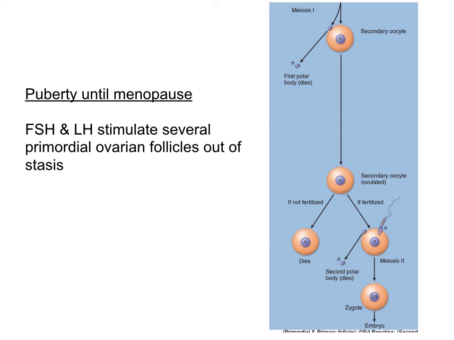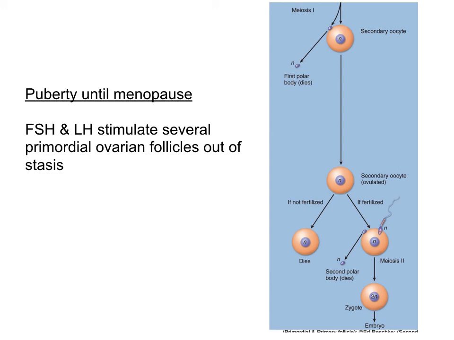What you have in females is unequal cell division, meaning one cell gets all of the cytoplasm and the other gets very, very little. The secondary oocyte is the cell receiving all the cytoplasm. The polar body, for the most part, is just discarded nuclear material. It has no function. In fact, it'll become degraded by the ovary over time.